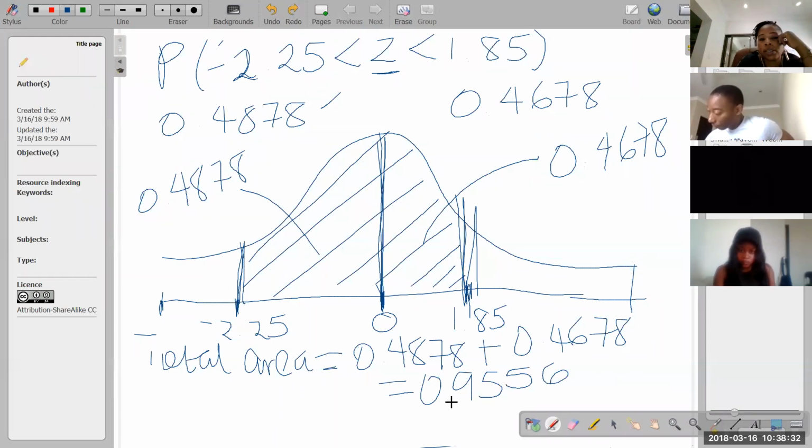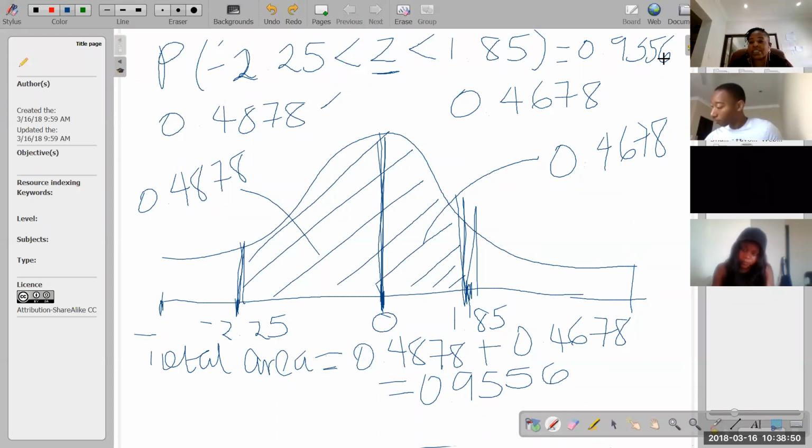So the probability that minus 2.25 is less than Z, is less than 1.85 equals 0.9556.